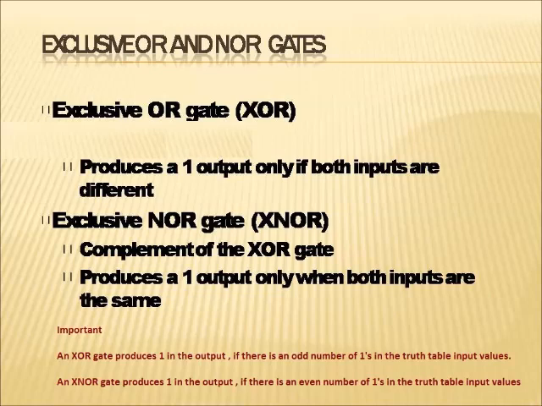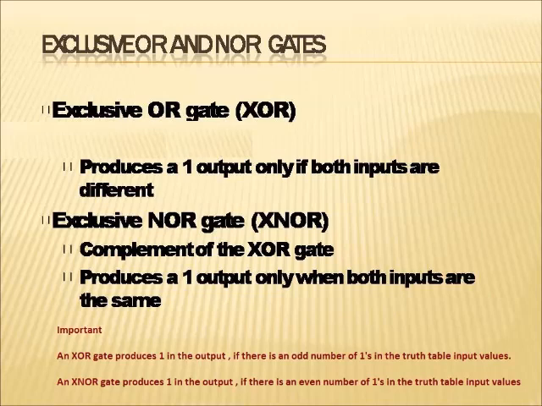In the case of an exclusive OR gate, it produces 1 only if both inputs are different, and in the case of an exclusive NOR gate, it produces 1 when both inputs are the same. Exclusive NOR is the negation or the complement of the XOR gate.